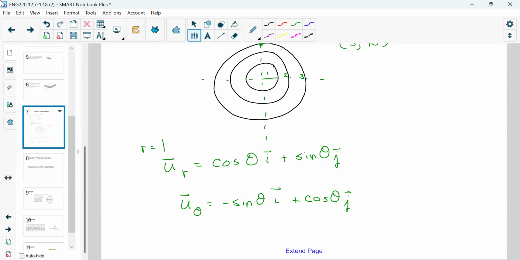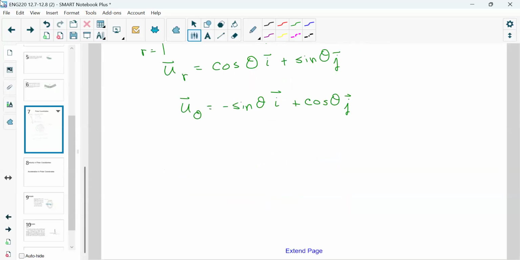Right? Where you're going to see this pop up a lot is when we're looking at our velocity. Our distance up into this point in the class, I guess we have called it R, but primarily we've called it S, correct? So now we're going to have an R vector, and that's going to be the magnitude times our unit vector.